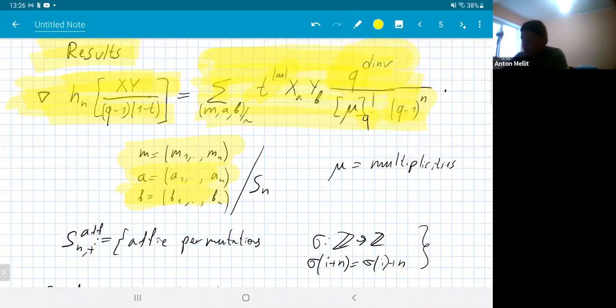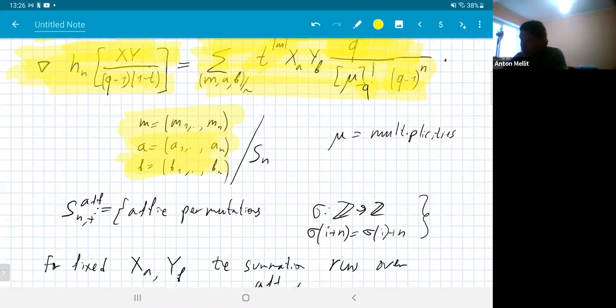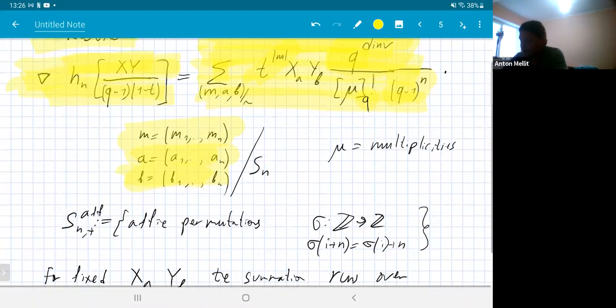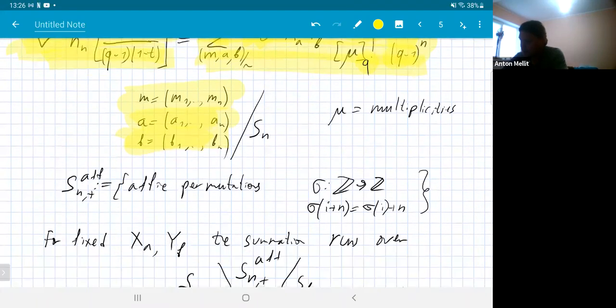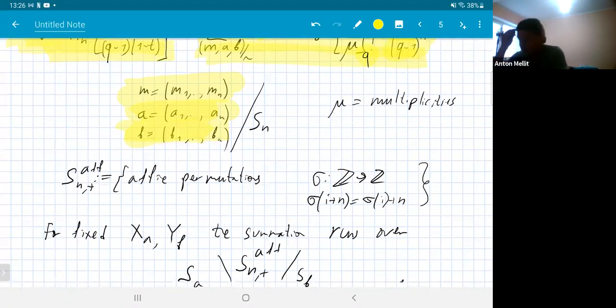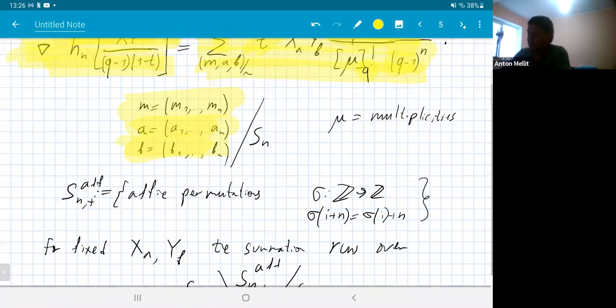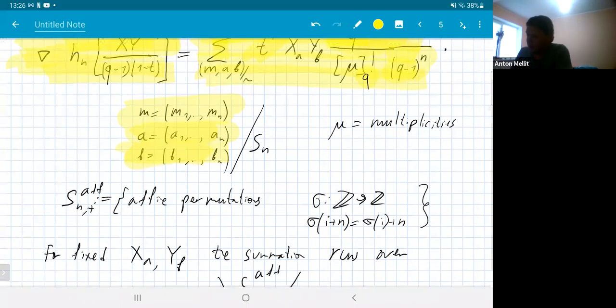Okay, that's the first result. Now I want to stress one way to think about this kind of summation, more geometrically. Let's look at the set of affine permutations.